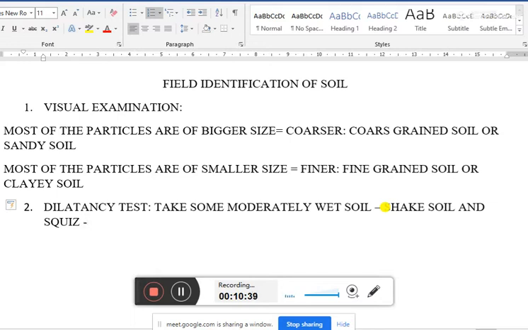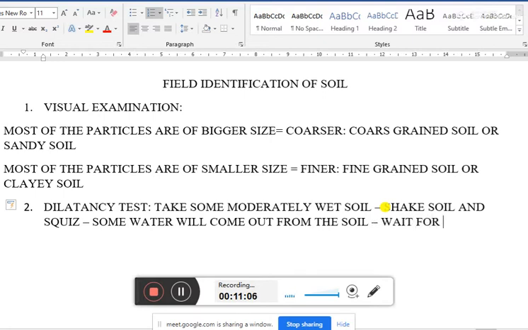What you will observe is that after squeezing and shaking, some water will come out from the soil. Then you have to wait for some time, say 5 or 10 seconds.